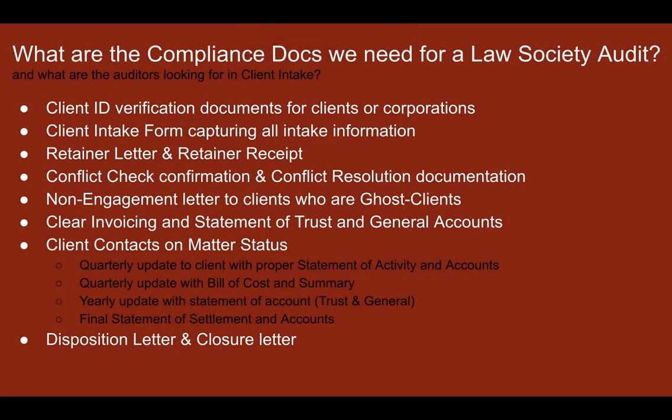A yearly update includes a statement of accounts that has both trust and general, or you can also provide a trust ledger, or a trust plus general ledger. Now, there are also settlement statements and other statements of activity that are provided on a quarterly basis. Any bill of cost and summary is also provided, and a disposition letter and closure letter towards the end of the file, not until a file has been completed, but at least once it's completed.